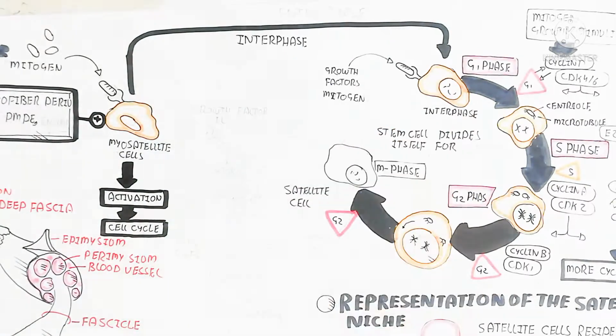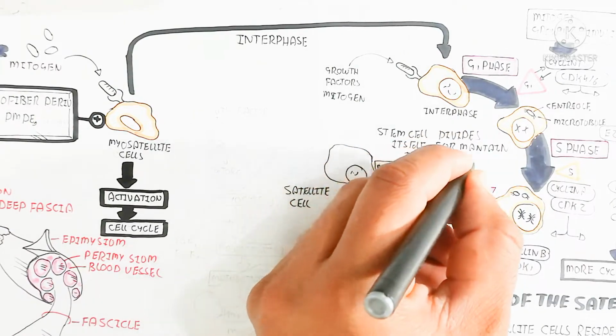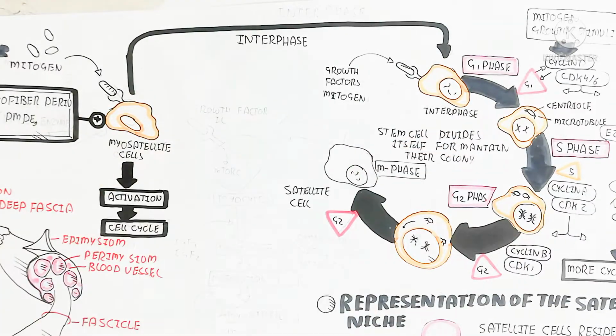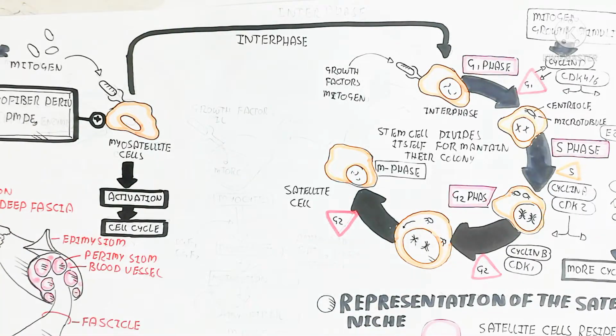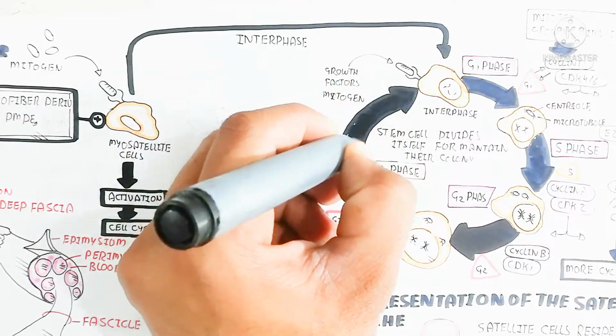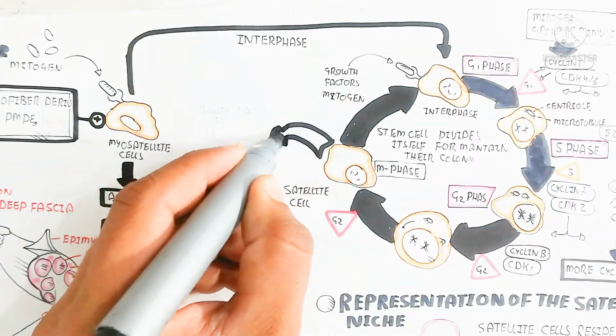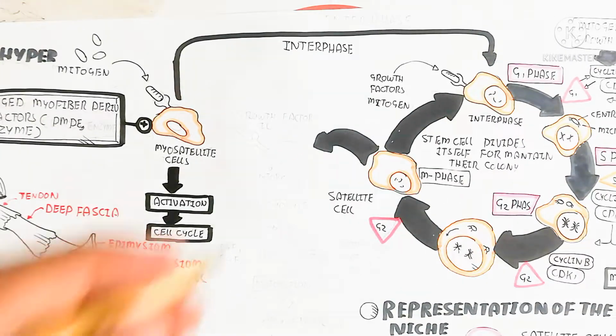After completing the G2 phase, through the G2 phase checkpoint, it goes into the M phase. The M phase means the stem cell, as a satellite cell, divides itself to maintain its colony, but also separates due to differentiation. Why differentiation?